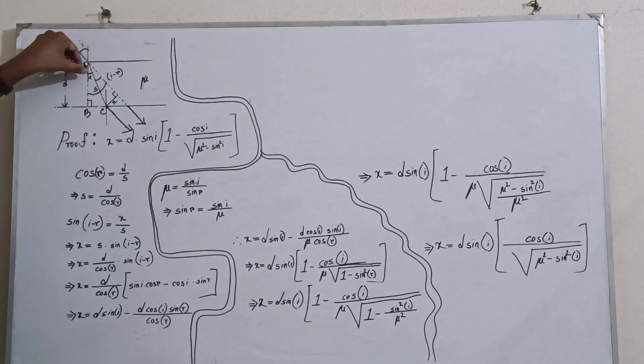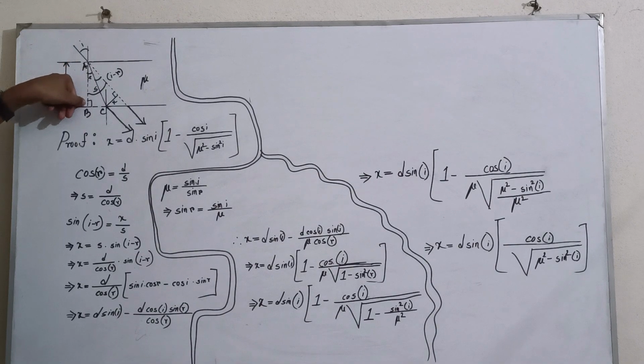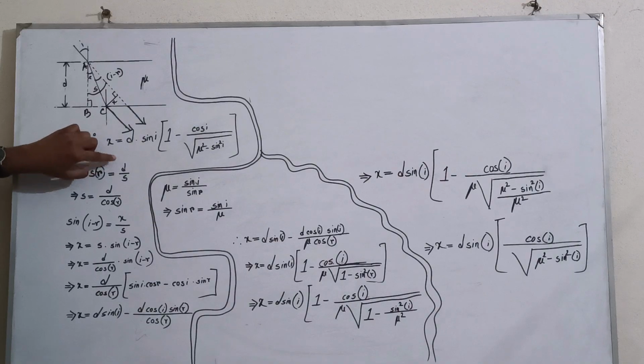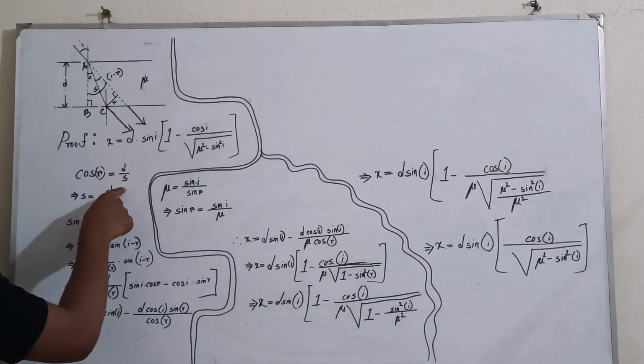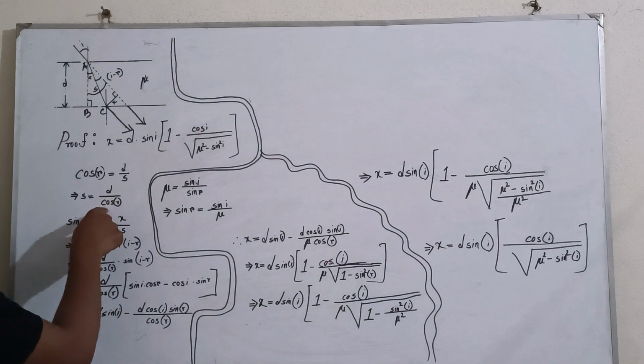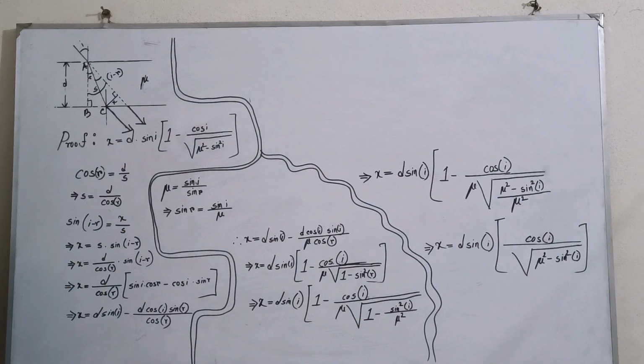The adjacent side for refractive angle R is actually the thickness of this plate, d, divided by the hypotenuse s. So we can find the value of s is equal to d by cos R.